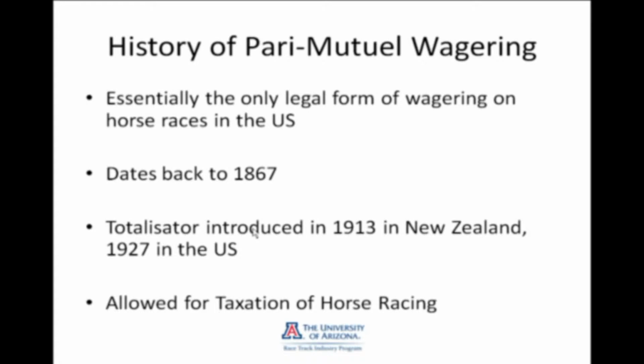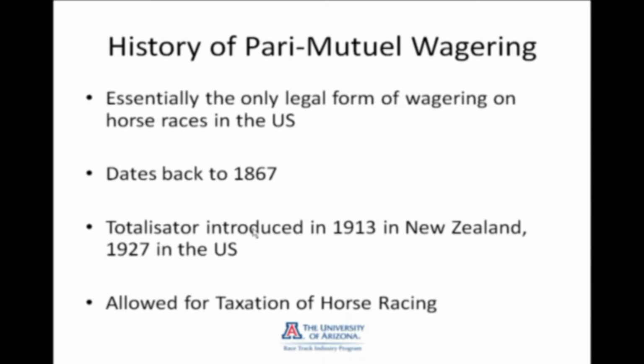Essentially, the pari-mutuel wagering system in the United States, at least, is the only form of legal wagering on horse races in the United States. This system dates back to 1867. It was developed in France. The big advent in pari-mutuel wagering though came in 1913 when the totalizator system was developed. This was brought to the United States in 1927 and led to a huge expansion of legalized horse racing.